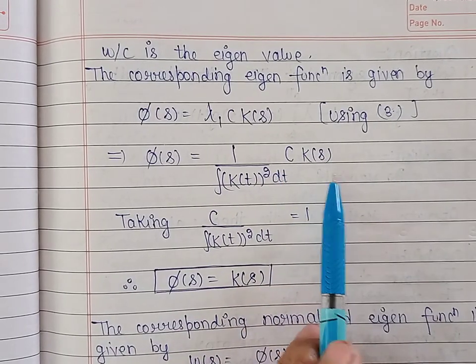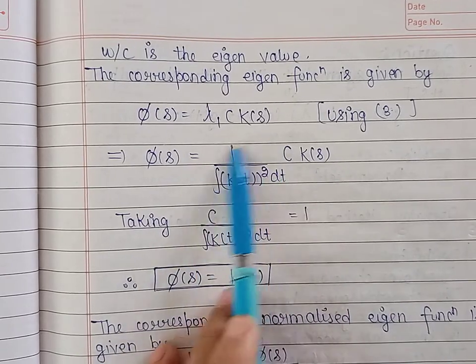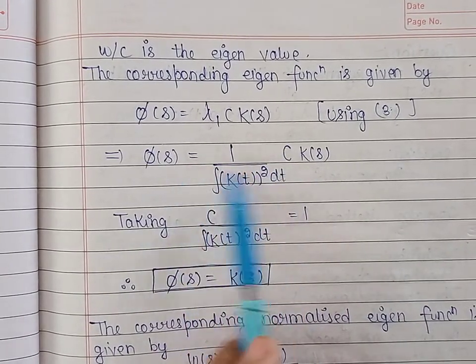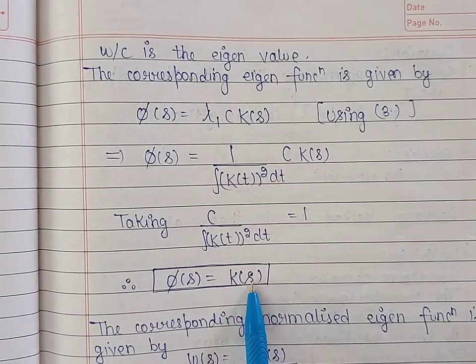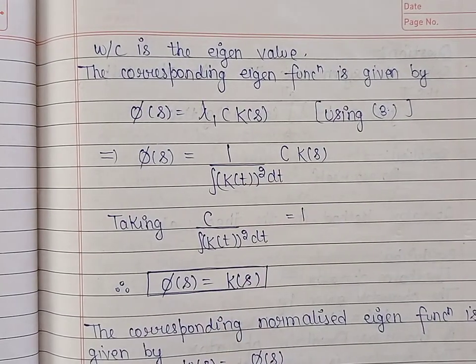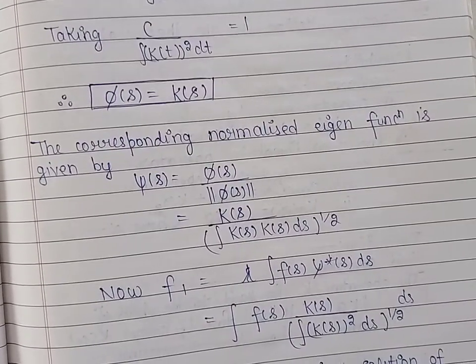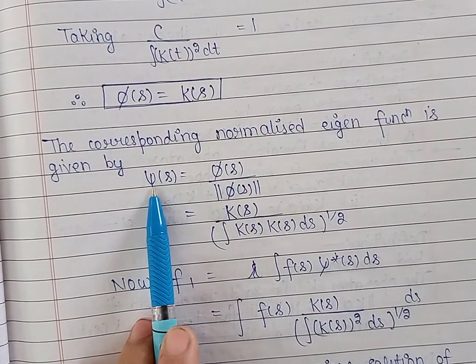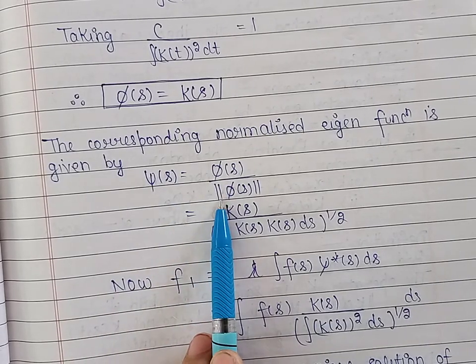Now from here the eigenfunction is obtained by leaving the constant, or we can say taking this as 1, so we get the eigenfunction which is given by K(s). Now let us normalize this function by dividing by its norm. So the normalized function is given by φ divided by norm of φ.